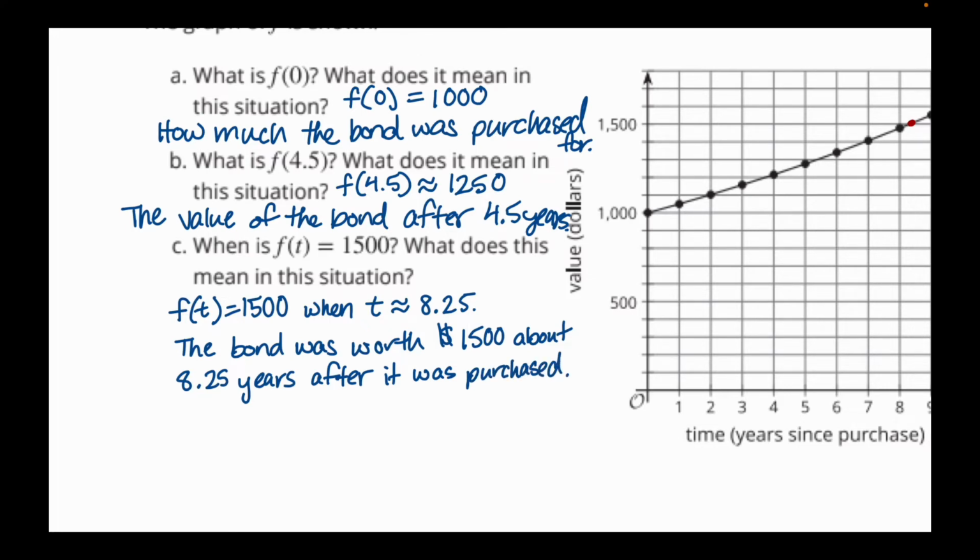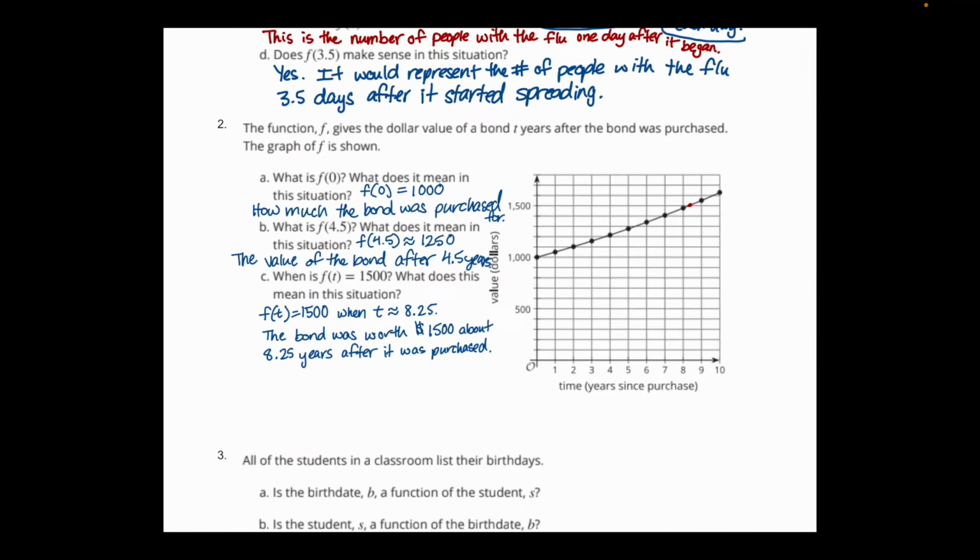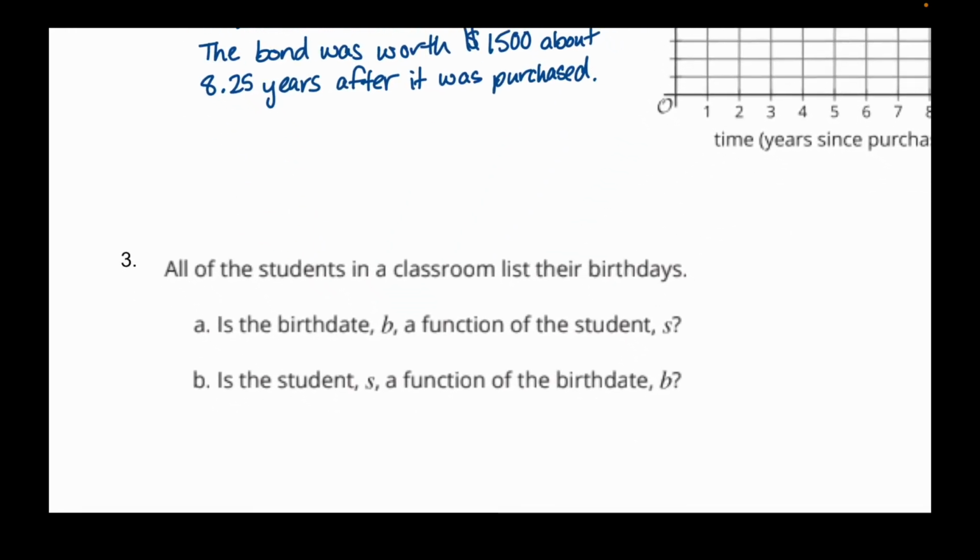And there we go. Really just giving context of what those numbers mean is what this one was asking us for. So let's now look at question 3.